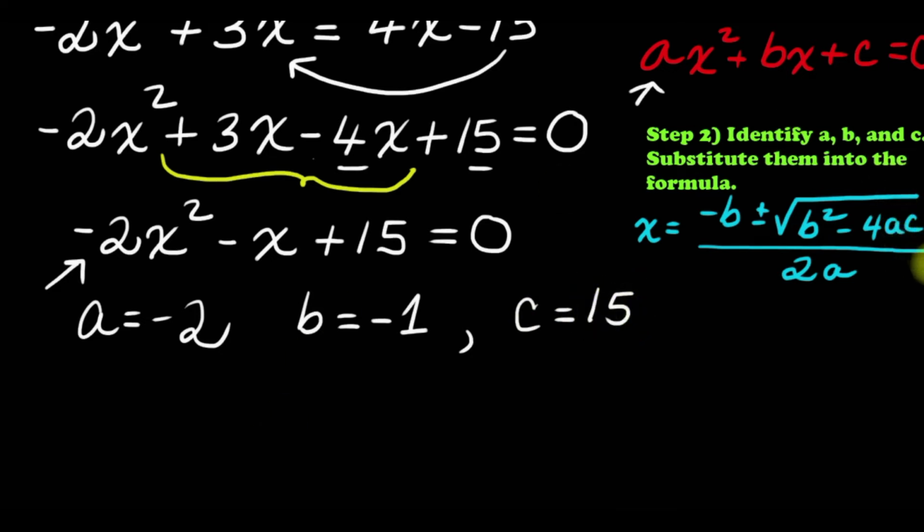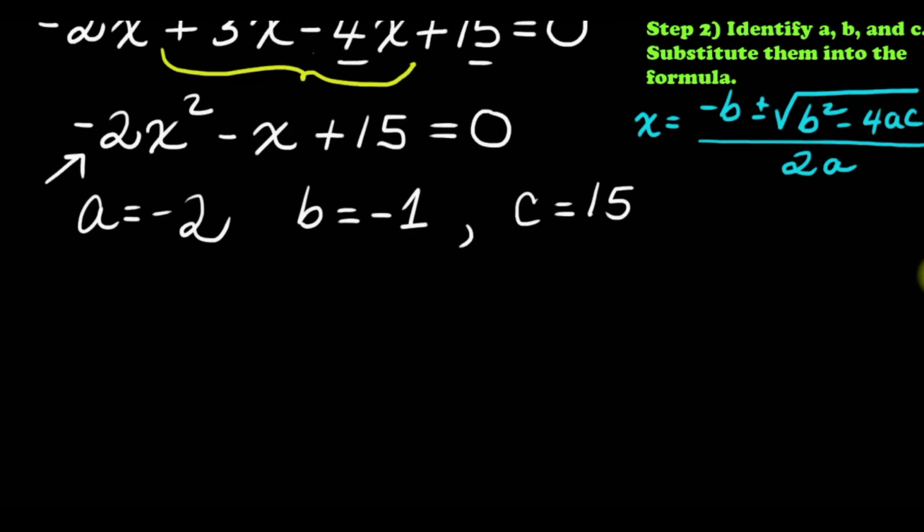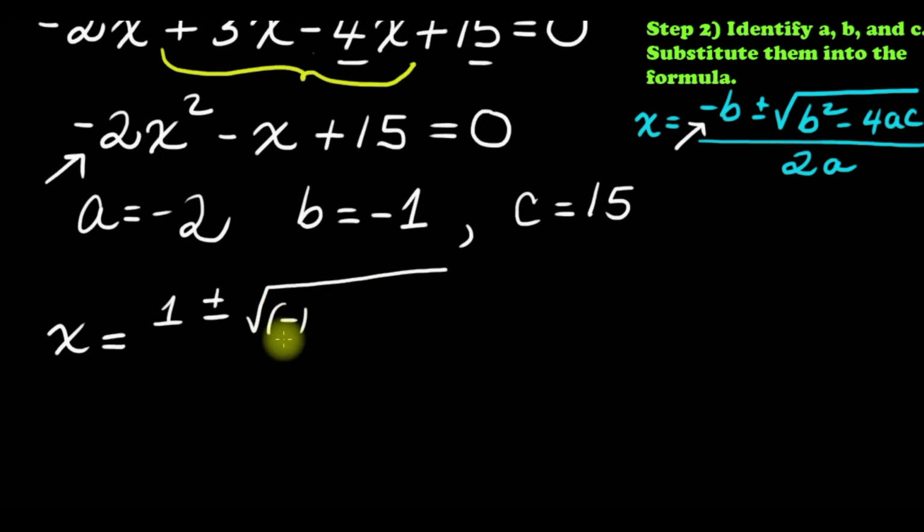So again, identify a, b, c. And then we're going to plug those into the quadratic formula. So we have x is, here you got minus b, that means opposite of b. So opposite of negative 1 is 1. And then you have the plus or minus. And then you have negative 1 squared, because it's b squared.